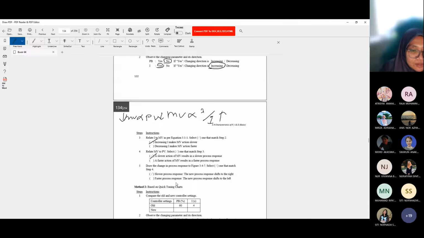Select the one that matches step 4. Because when MV is slower, the process response is slower. So slower process response, this one. You can get the answer directly. A slower process response causes the new process response to shift to the right.